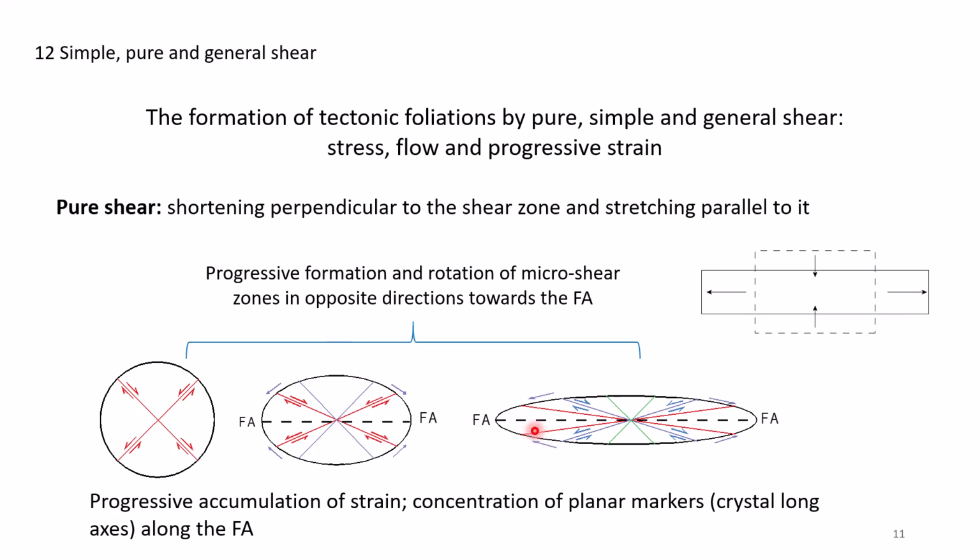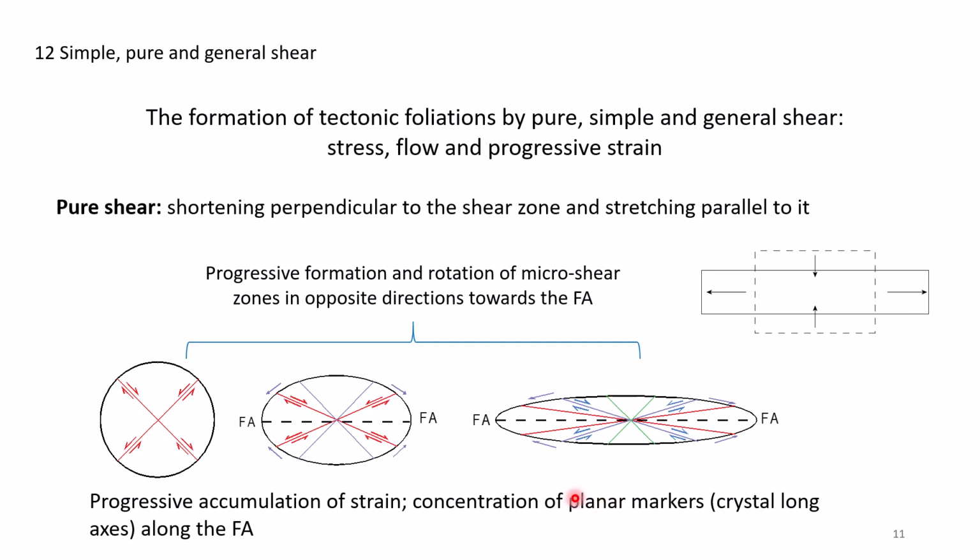In the third stage, the red shear zones, the first ones, are already approaching the fabric attractor. Also, the second generation of shear zones has rotated, and a third generation of micro shear zones is forming in the orientation of maximum shear stress, just as the two previous generations of shear zones.